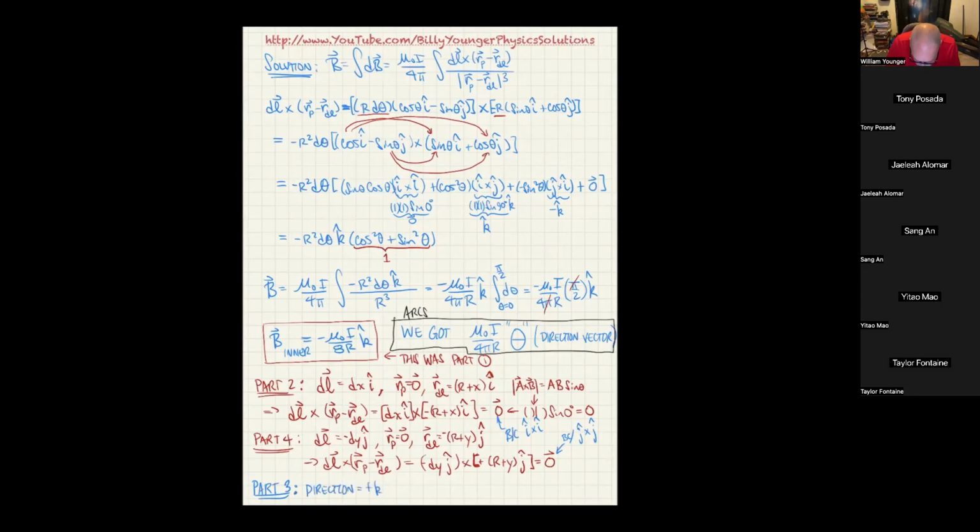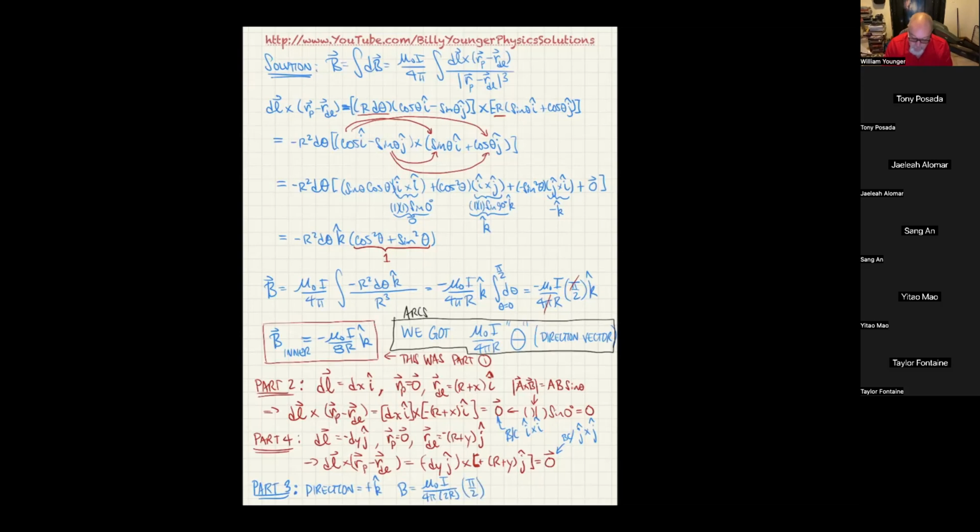And then all we've got to do is say the magnitude B is equal to mu 0 I over 4 pi times the radius of the arc, which in this case is 2r, and then times the angle, which in this case is again pi over 2.